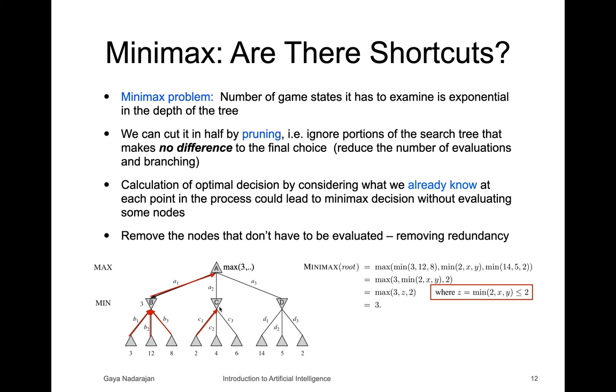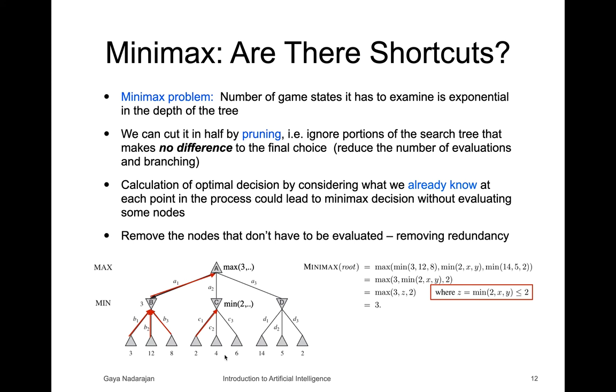And 2 comes up here. As you know, C is supposed to get the minimum of a bunch of numbers. The first one is 2. So what this tells us is that the minimum of any bunch of numbers, if one of them is 2, means C is going to have a value of 2 at most, right?